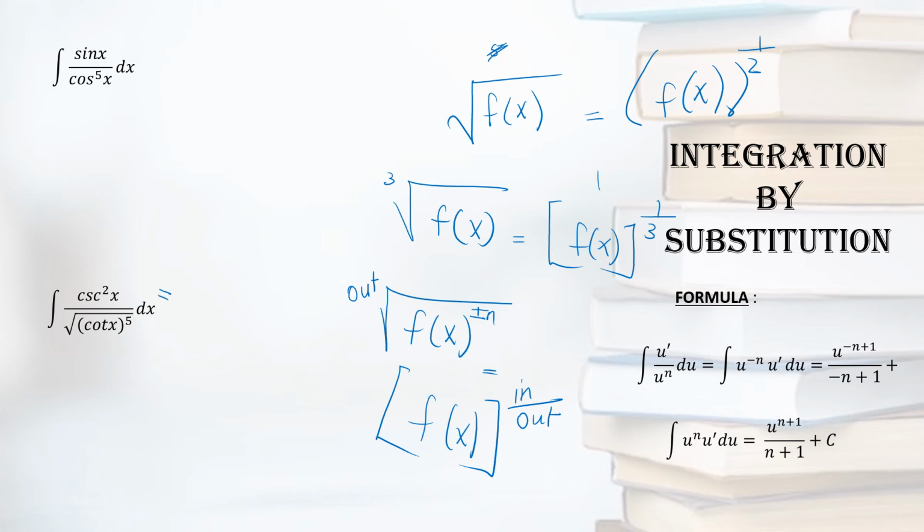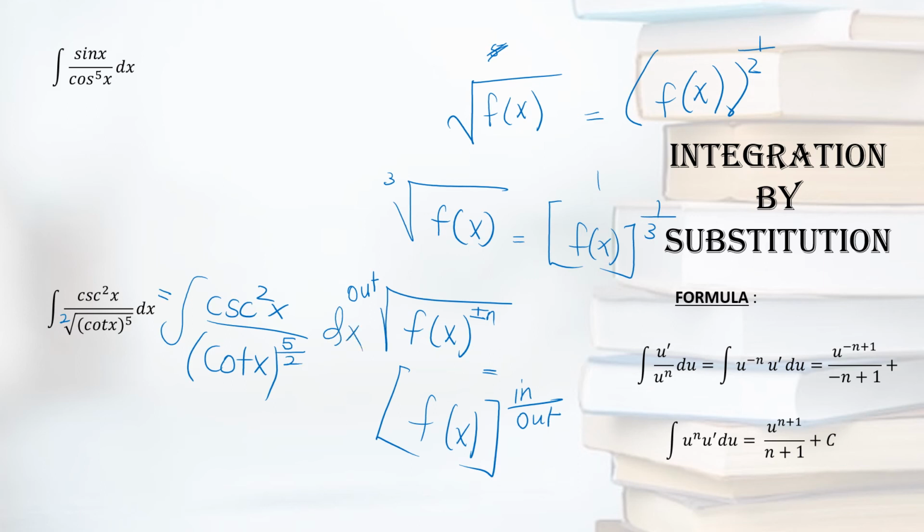So write down this integral sign as cosec square x, and down is your cot x. Write it in terms of the power. Inner power is 5 and outer power, if nothing is written, then automatically it is 2. So in over out means 5 over 2 and dx.